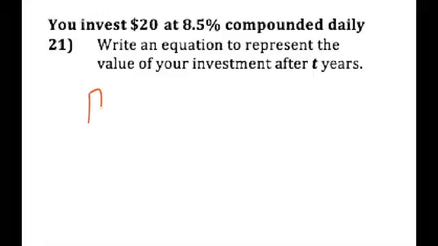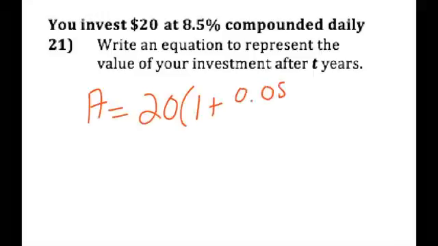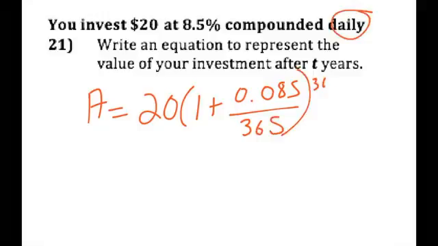You should have A equals 20 parenthesis 1 plus 0.085 all divided by 365, because it's compounded daily, to the power of 365 times T. So that is your equation.